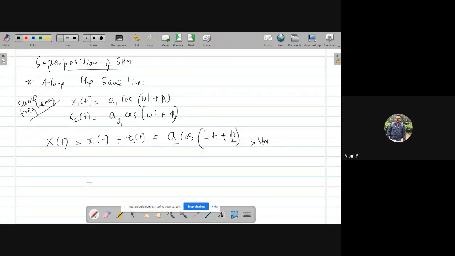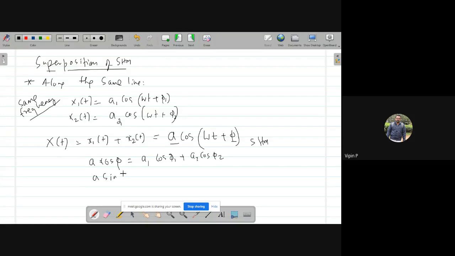Now, how to find A and phi? A cos phi is given by A1 cos phi1 plus A2 cos phi2.